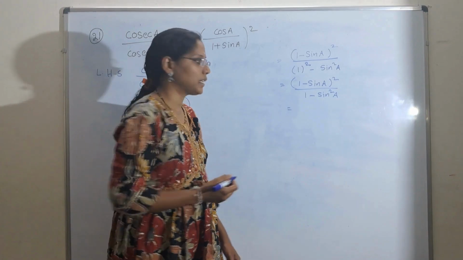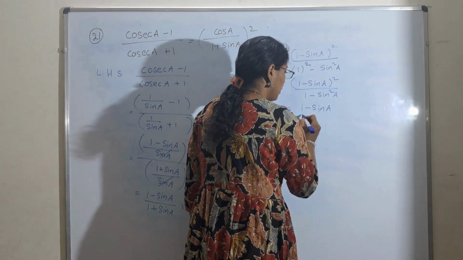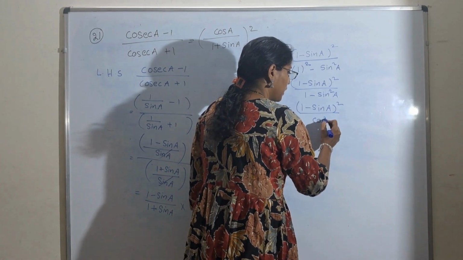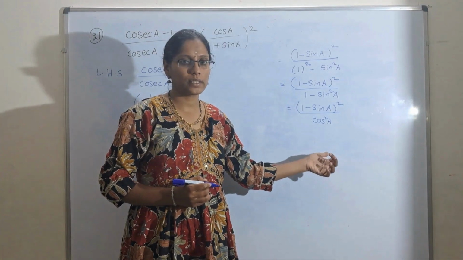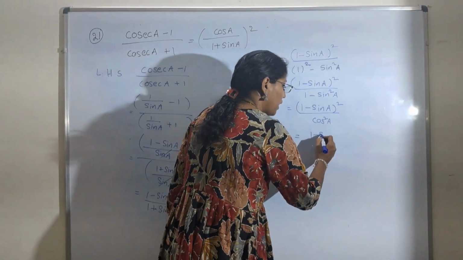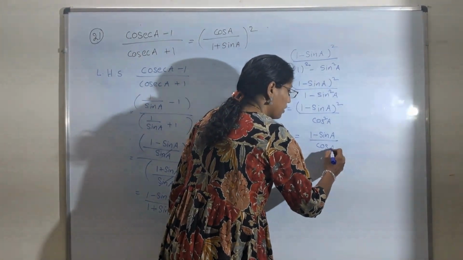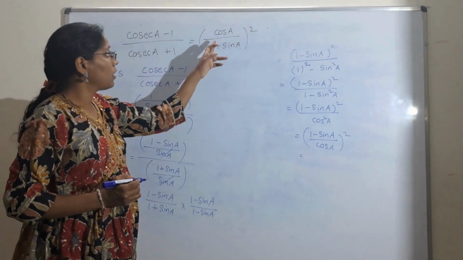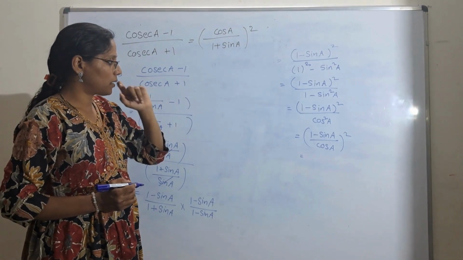We can use identity. 1 minus sin A whole square by cos square A. Numerator and denominator both have squares, so single square I will write. 1 minus sin A by cos A whole square. You should observe RHS. Here cos A by 1 plus sin A whole square.